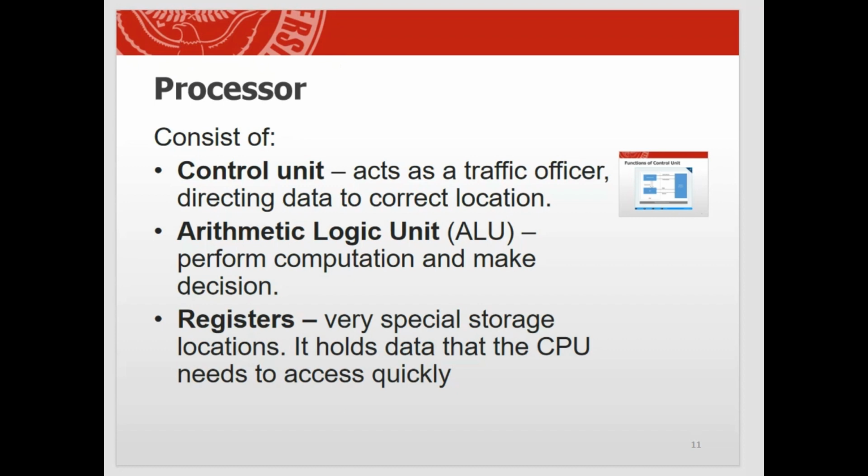In addition to that, yung control unit naman is actually run by instructions. So, may mga instructions siya na pina-follow. And then, yung instructions that help the control unit to perform its task are actually stored in primary memory.